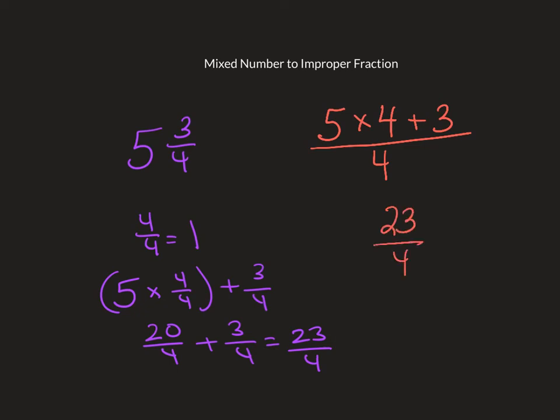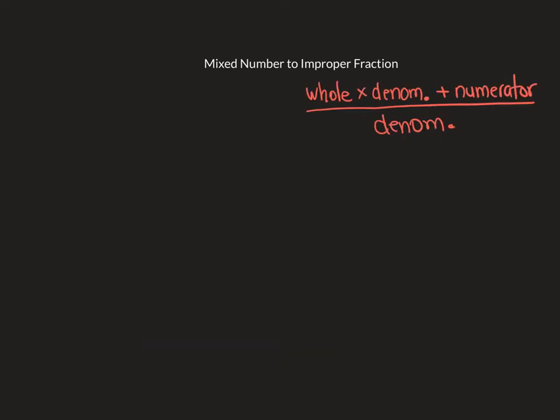So remember, it's the whole times the denominator, and for this purpose I'm just going to put in DEN period, plus the numerator, all over the same denominator. Okay, so we have the whole times the denominator plus the numerator over the denominator.